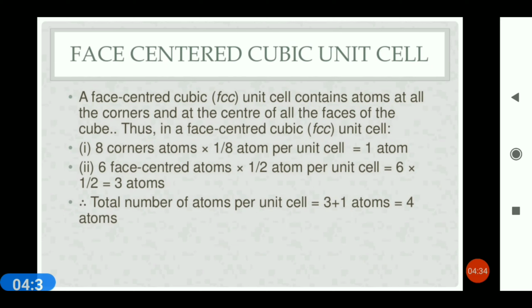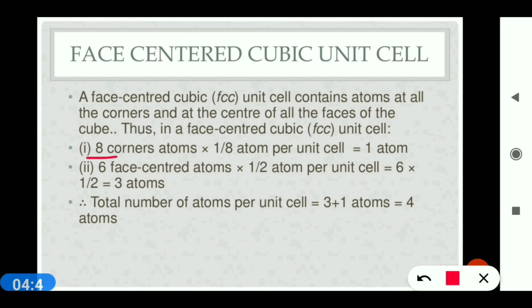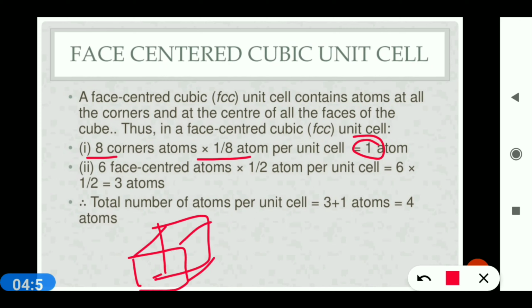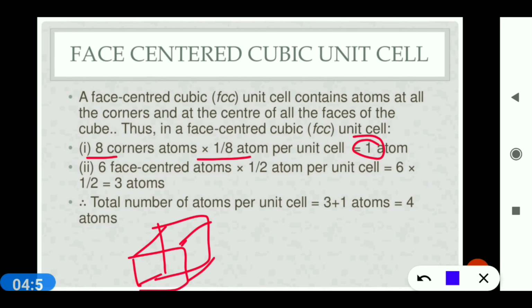Face-centered cubic cell. In case of face-centered unit cell, it contains atoms at all the corners and the faces. So if the particles are at the corners, their contribution will be 8 into 1 by 8. That is 1 for the corners. And for faces, for example, if you imagine any cube, the particle at the top is representing the top portion and also the bottom portion, because it is a 3-dimensional view.